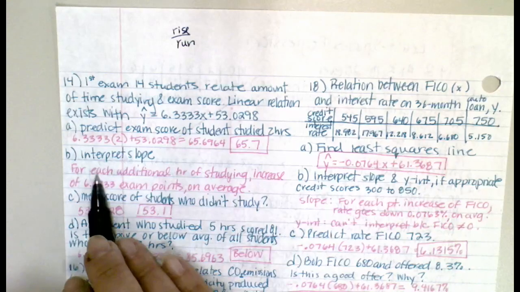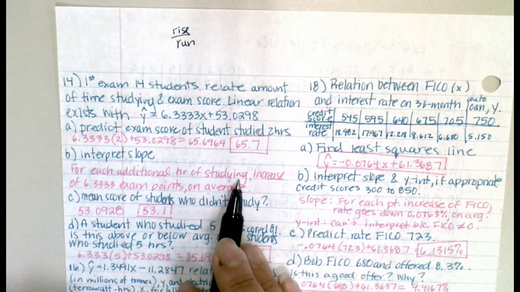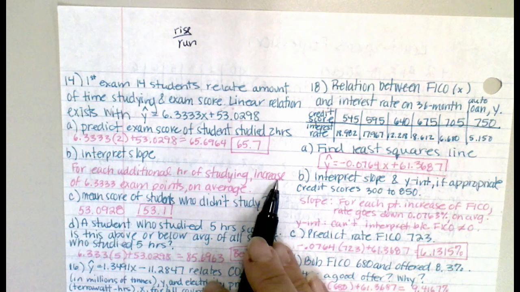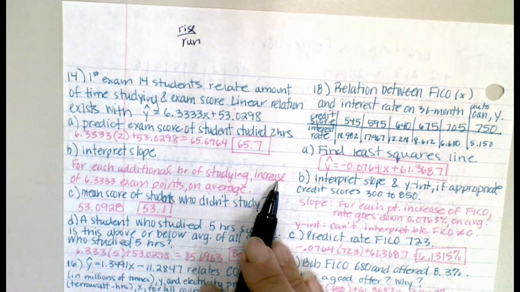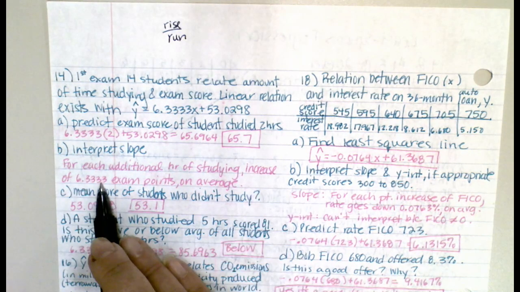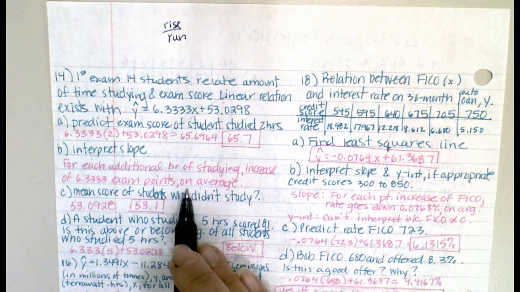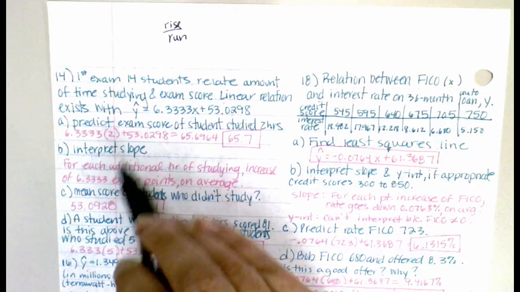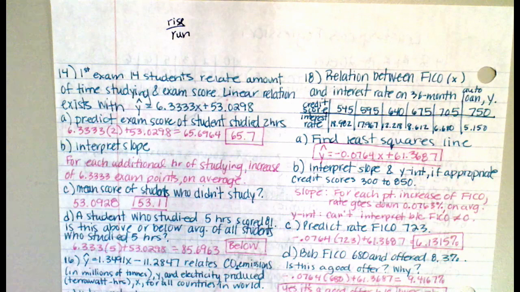I said for each additional hour of studying, so for every plus 1 x increase, it is important when you interpret that you say whether it's positive or negative, so increasing or decreasing. We increased 6.3 repeating exam points, and then on average, because y hat, one of the ways it helps us is by giving us that average increase or decrease.